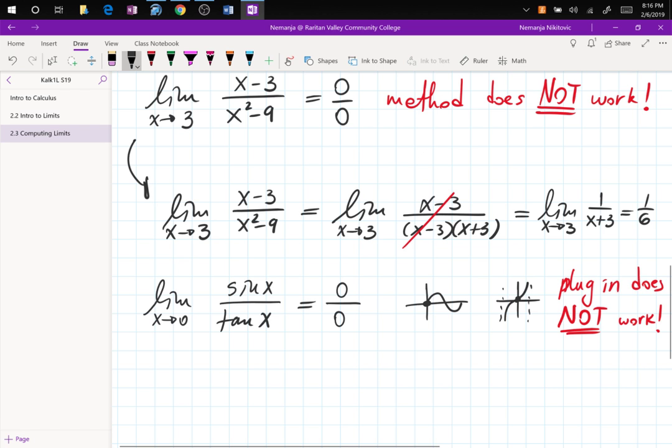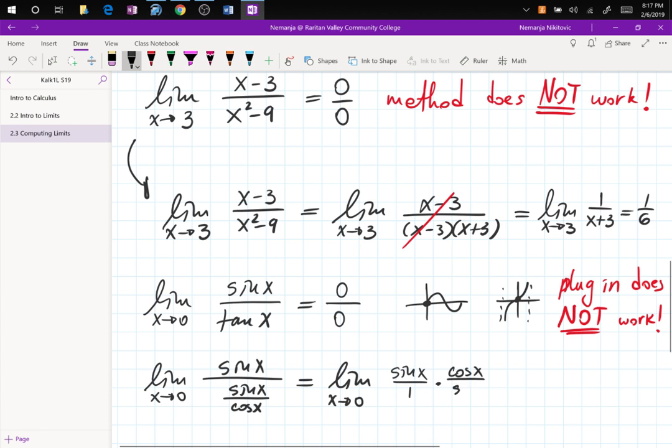So now it's identities time. What's tangent equal to? Beautiful. So limit x goes to 0 of sine x divided by cosine x. If you follow, remember that you have to put this limit on every step? Yeah, good. Well, it's either that or -1, you pick. So now you have sine x over 1 times cosine x over sine x, right?